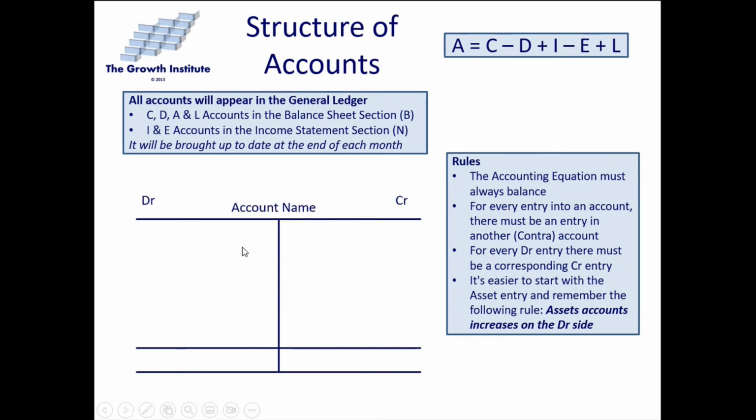It's easier, I think, to start with the asset entry and remember the following rule: asset accounts increase on the debit side. Obviously, since we are trying to make money, we hope that we will have more assets increasing in the business than assets decreasing. And so it's just a logical place to start.